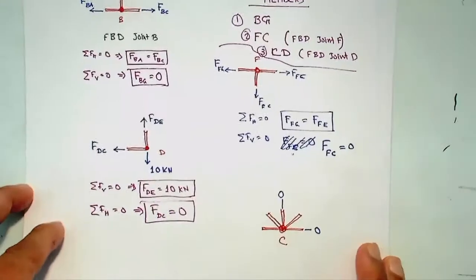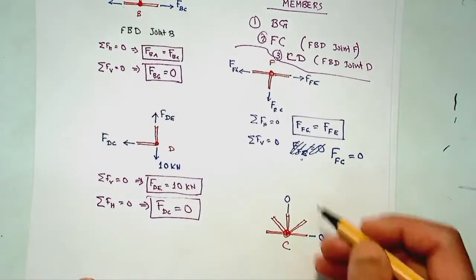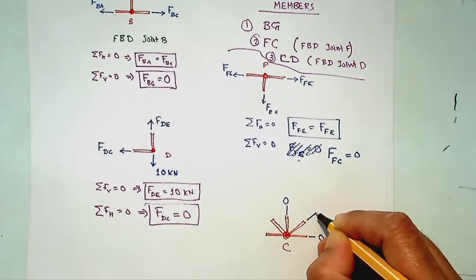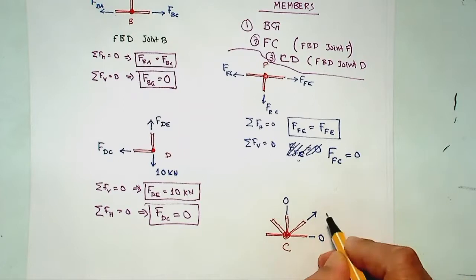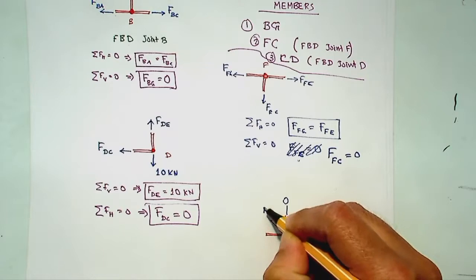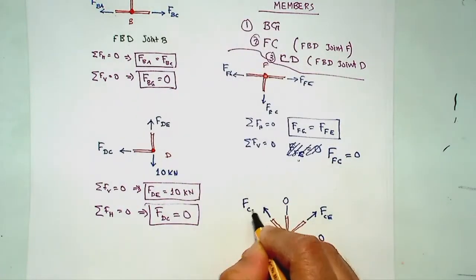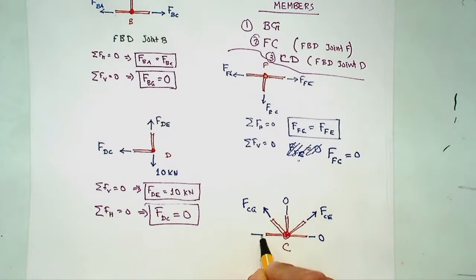Can you see it now? Okay, sorry. So these two are 0 forces, we already know. So this one would be, let's say, F C2E, and this is say F C2G, and this is say F C2B. So there are 3 forces here, they can balance.